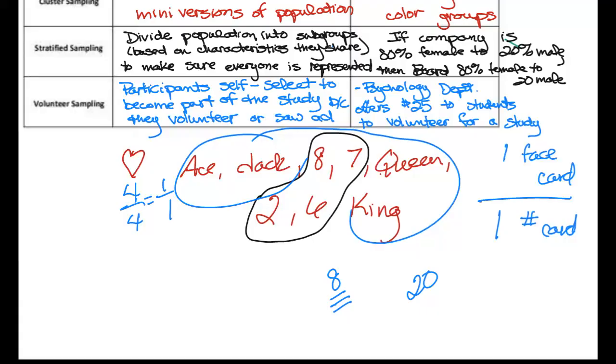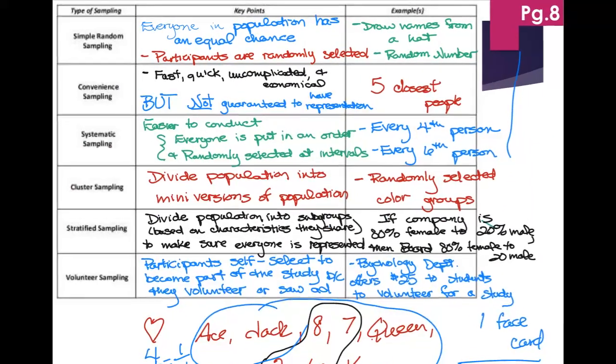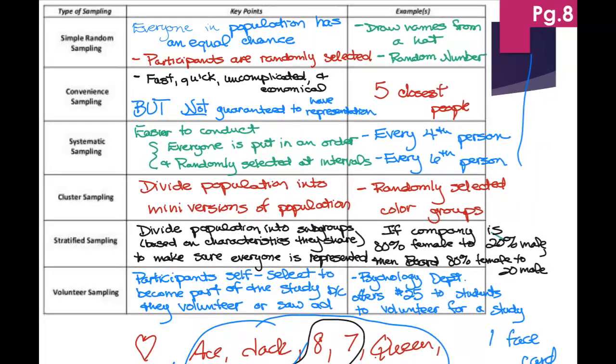Okay. So if I wanted to make it random, instead of having the cards face up, I could have put them all down and you could have selected. That would be a simple random sample because you would just pick the card without knowing what was on the top. Okay? All right. So lots of different ways to do sampling.